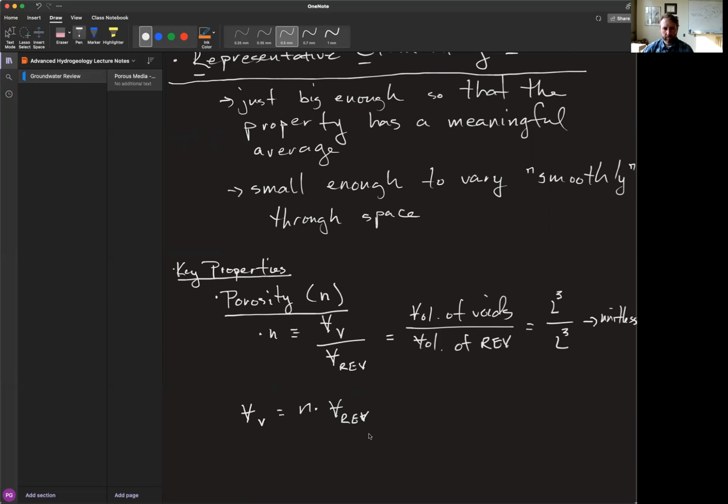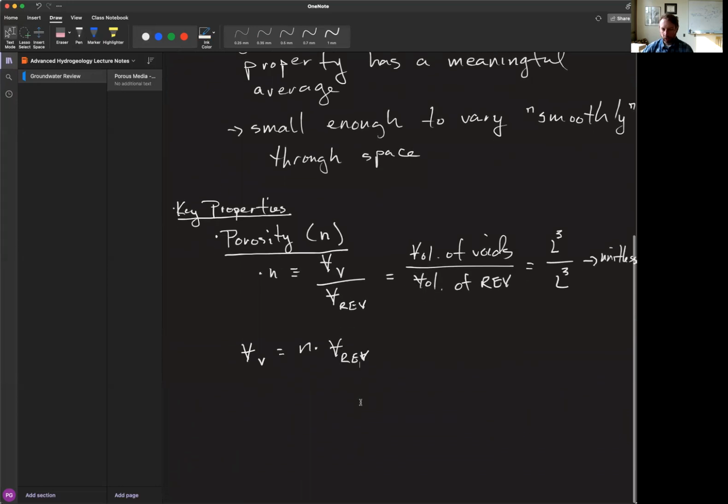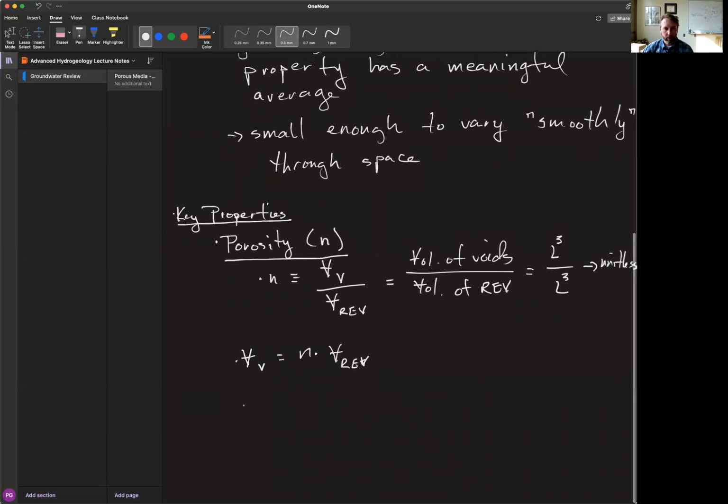All right. Another important relationship here is that the volume of the voids plus the volume of the sediments is equal to the volume of the representative elementary volume.